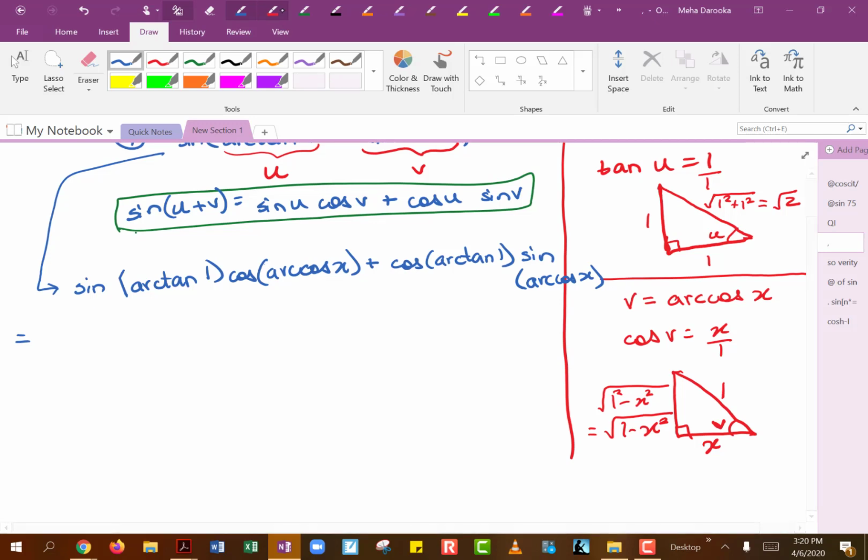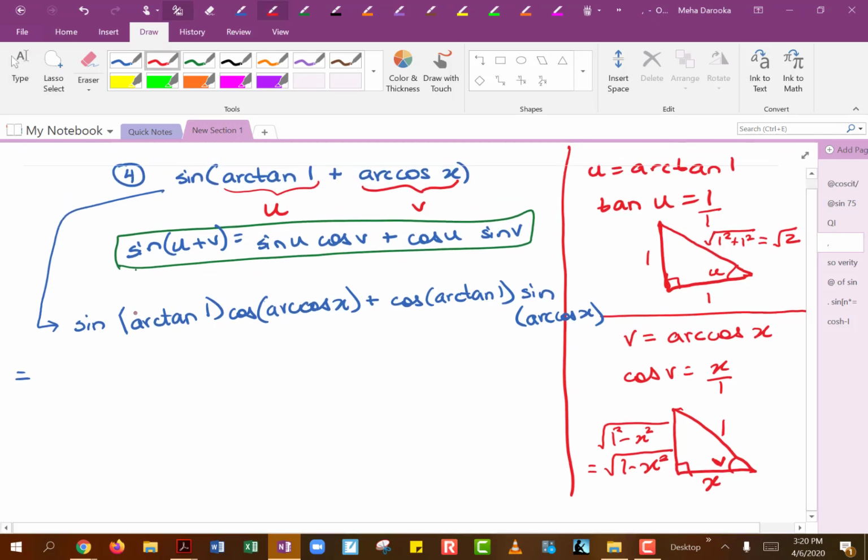So remember, you're basically doing sine of u, cosine of v, cosine of u, sine of v. For sine of u, you are going to this first triangle using u as our angle measurement.